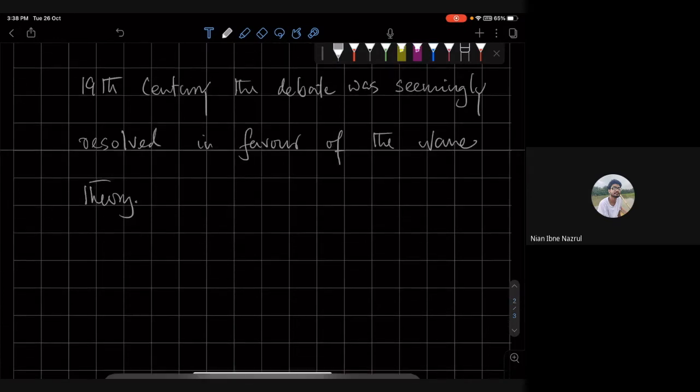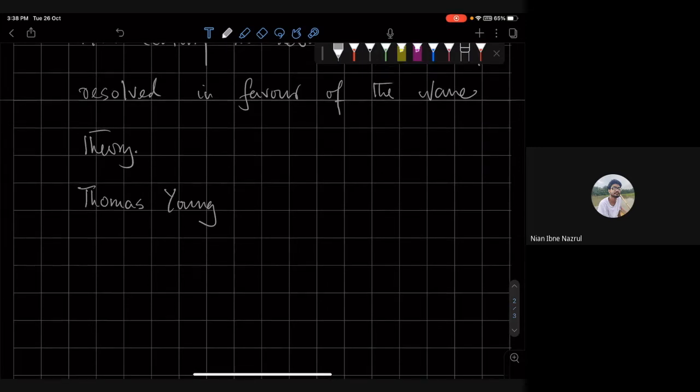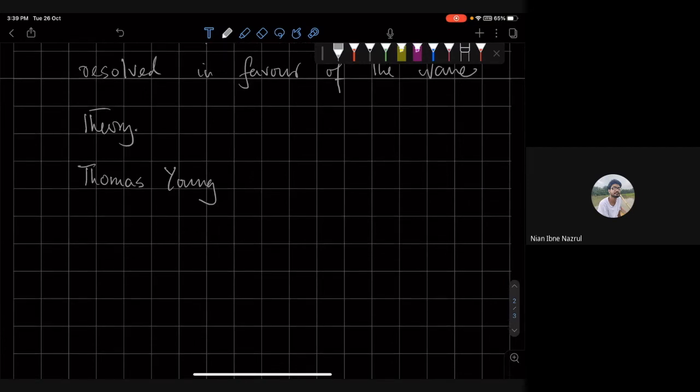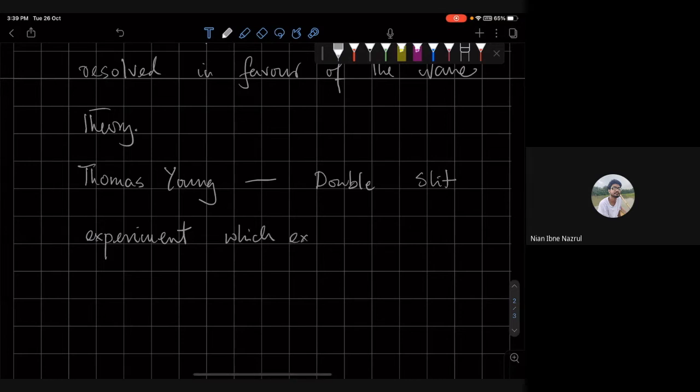And this was done largely through the work of a British physicist called Thomas Young. And Thomas Young, he was a master experimentalist, and he did the double slit experiment as a public experiment. Thomas Young did the double slit experiment, which exhibited the phenomena of interference.